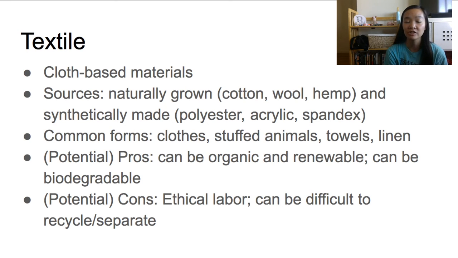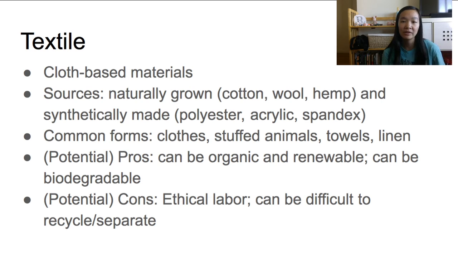And then some textiles are synthetically made. We have synthetically made cloth fibers, such as polyester, acrylic, spandex. So that's why I put two sources for textiles. And depending on the source of the textile for your item, it could have potential pros or cons.